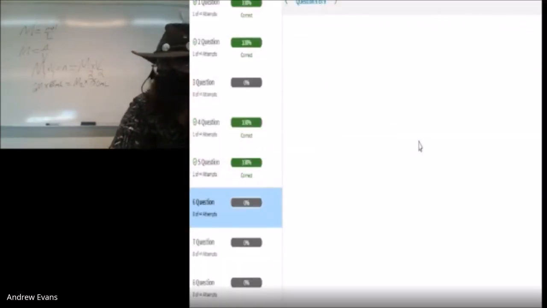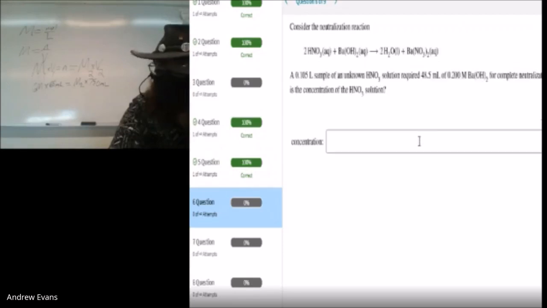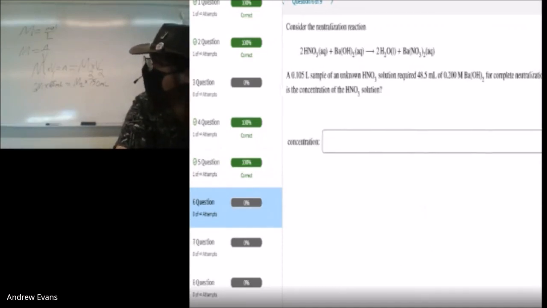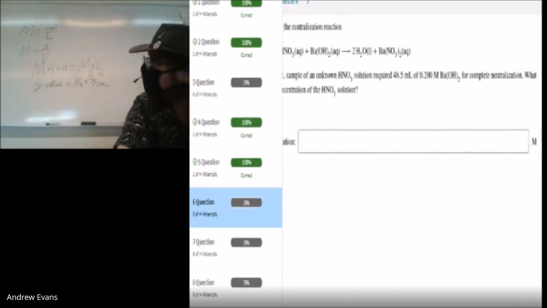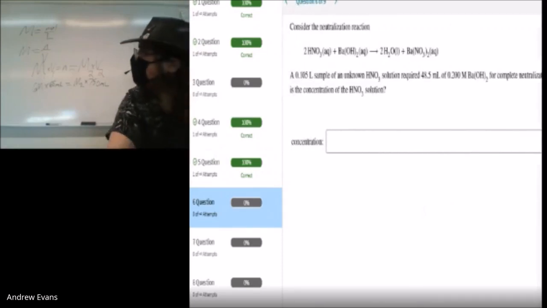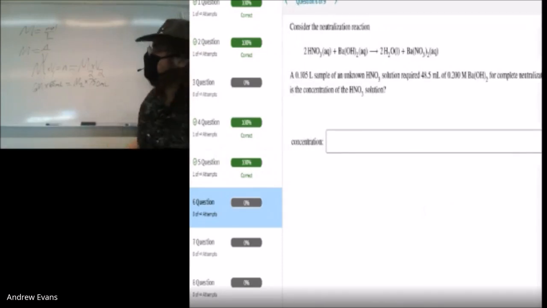Now, this only works in a 1-to-1 ratio where the moles do not change. This one is much harder than what we will see on any sort of test because this one is not a 1-to-1 ratio. This one is a 2-to-1 ratio. In the following equation, 2 nitric acids neutralize 1 barium hydroxide.